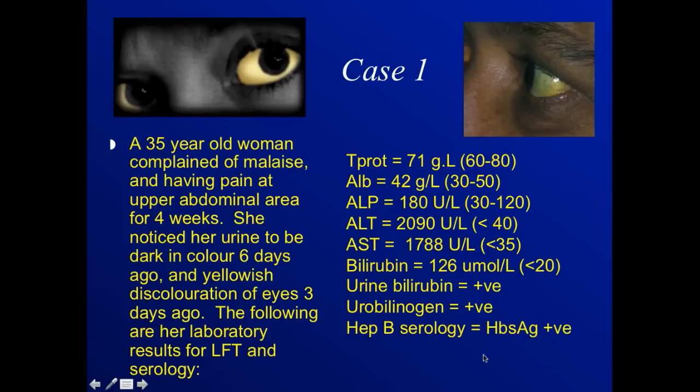So this patient has hepatitis B infection, and that's the reason these enzymes are high, as I explained just now: the liver cells get inflamed, swollen and leaking, and when damaged, ALT and AST leak out into the blood.